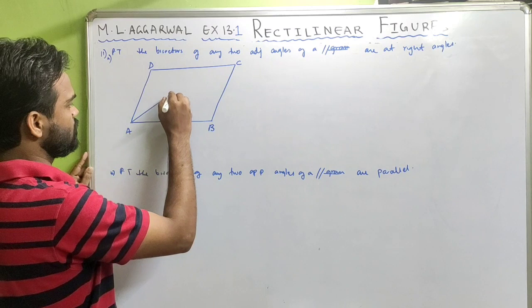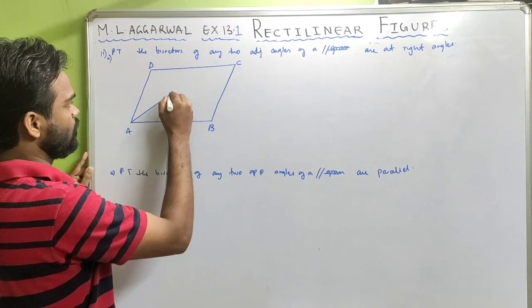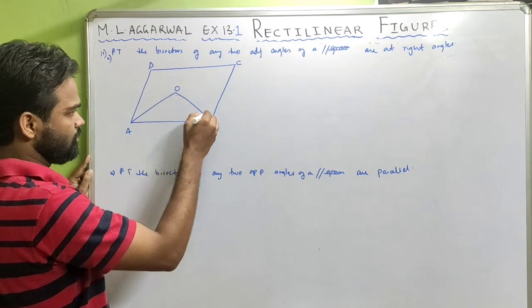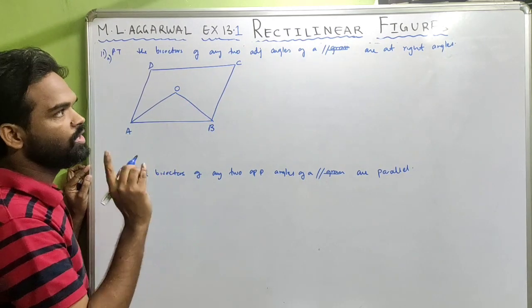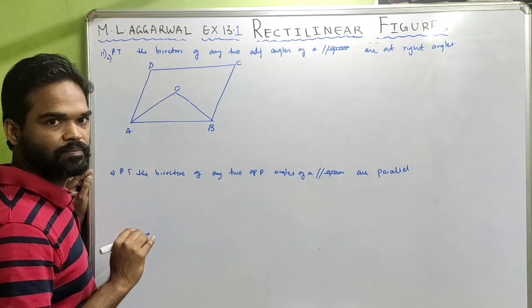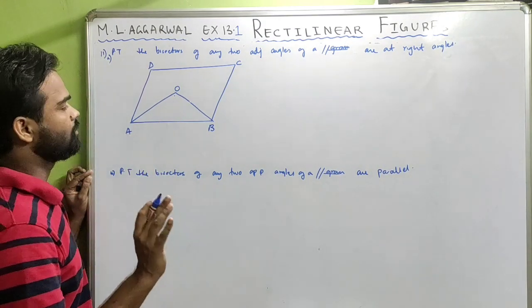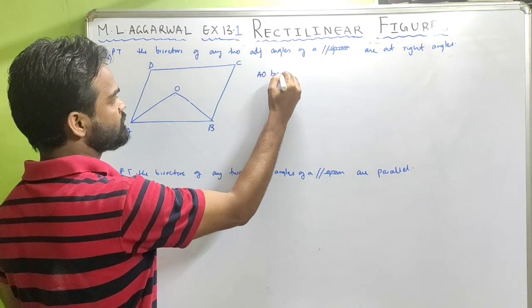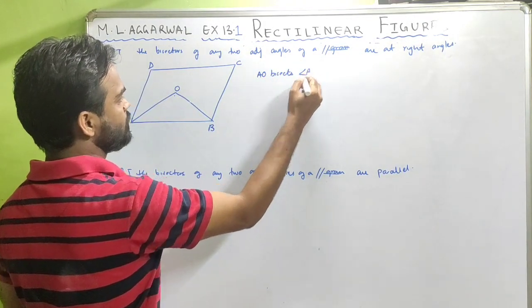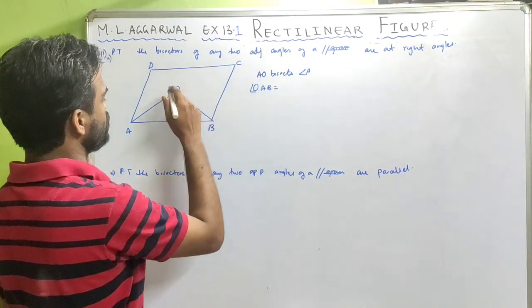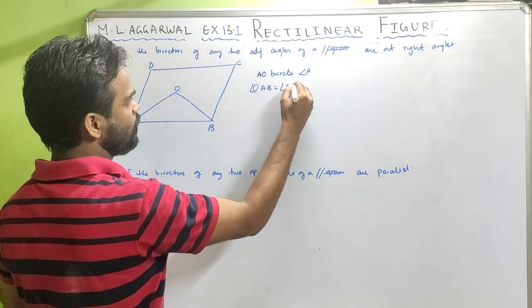Suppose the bisector of angle A is AO and of angle B is BO. We need to prove that this angle is 90 degrees. Okay? Look carefully. Now, AO bisects angle A, which means OAB is equal to OAD.